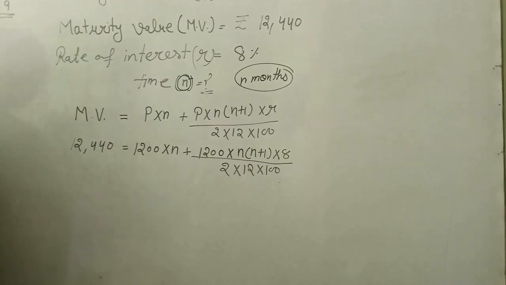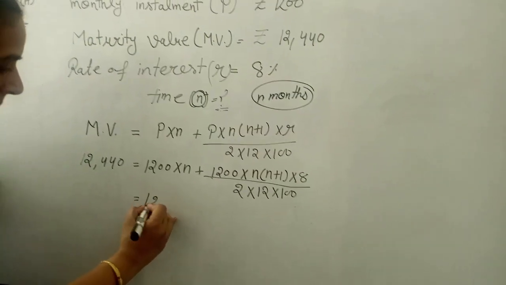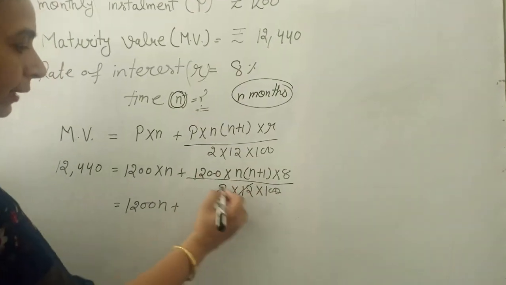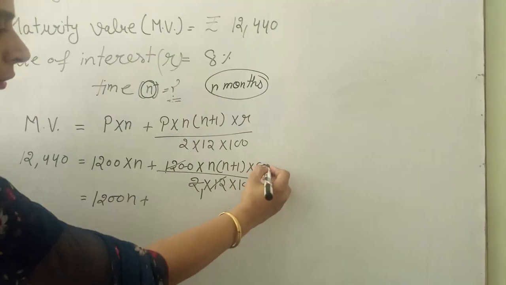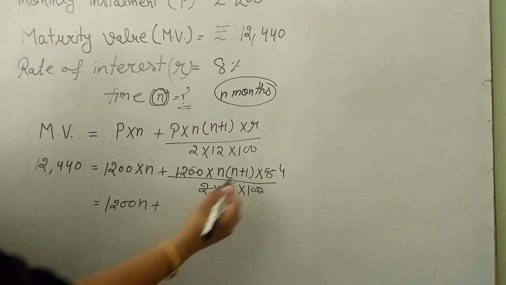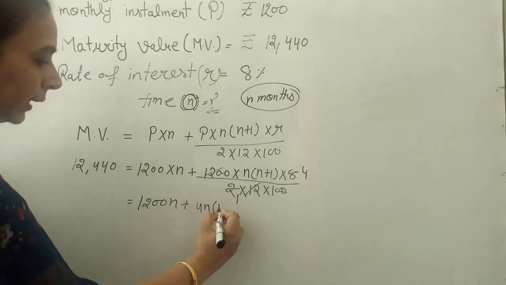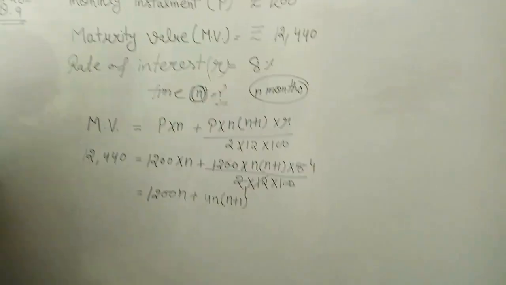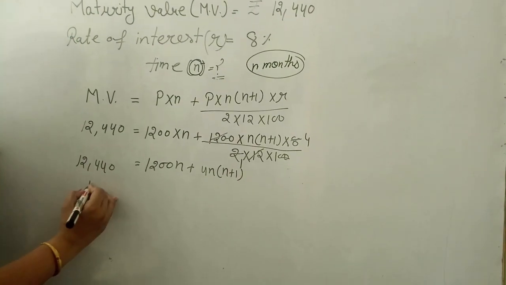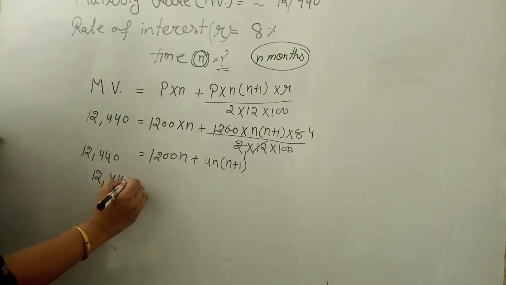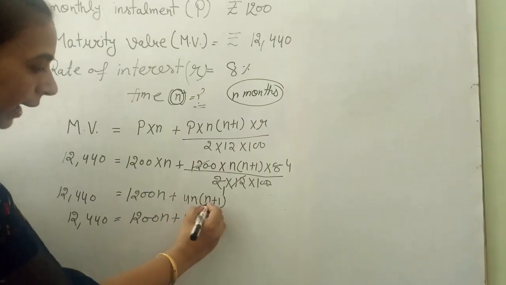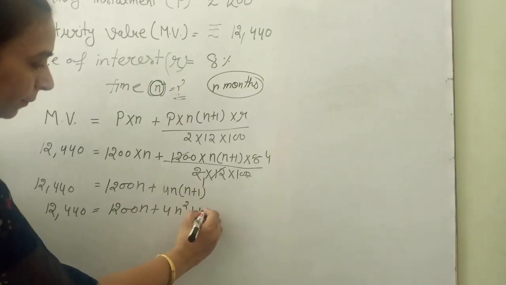Okay students, this equals 1200n plus, 100 cancels, 12 also cancels, 2 into 4, left only 4, so 4 into n into (n plus 1). Maturity value as it is. Again, 12,440 equals 1200n plus 4n square plus 4n.